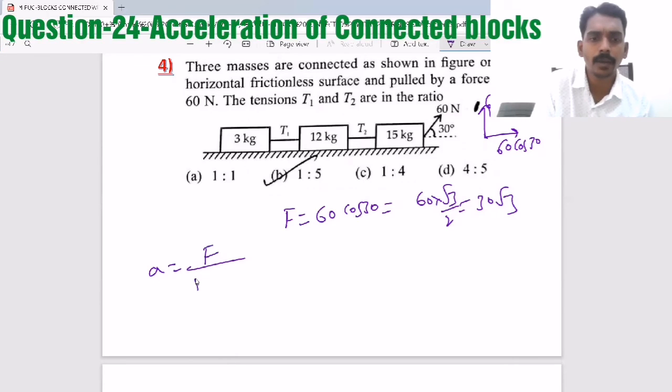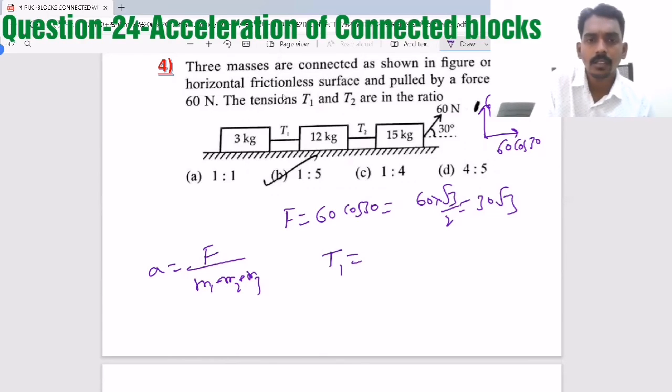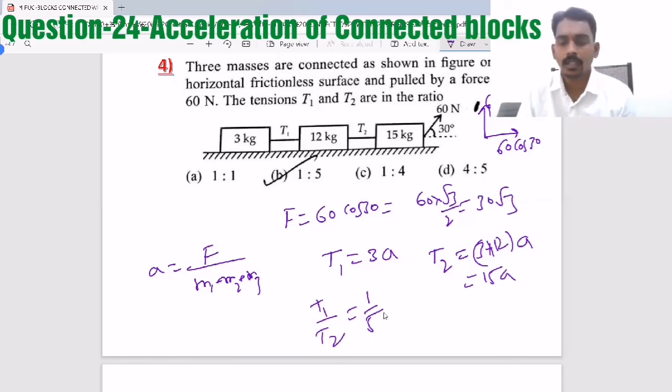So acceleration is again F by m1 plus m2 plus m3, and it is the same for all bodies. Now tension T1 is the mass pulled by T1, which is 3 kg, so 3 into A, and T2 is 3 plus 12, both masses pulling, into A. So that is 15A. Now T1 by T2 means 1 by 5.